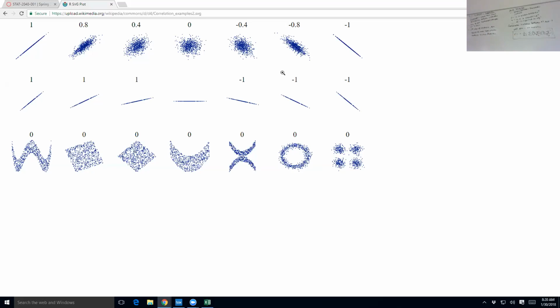Now, these are what we would say nonlinear correlation. So this equation here assumes a straight line.